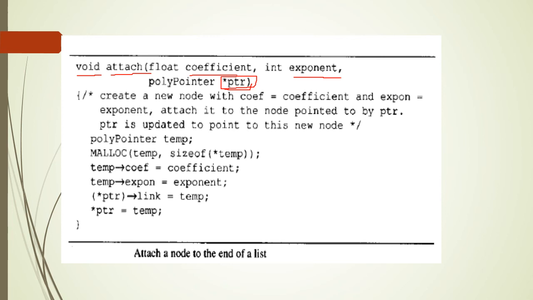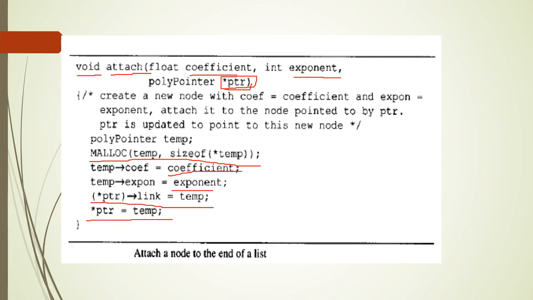Here before attaching the term, you need a node to store the coefficient and the exponent. That's why it will execute a malloc function. It will create a temp node. To the temp node, it will attach the coefficient and exponent which have been received from the polynomial addition function, and once the node is attached, change the link field of the last node, which is present before the attached node, and then update the ptr value.